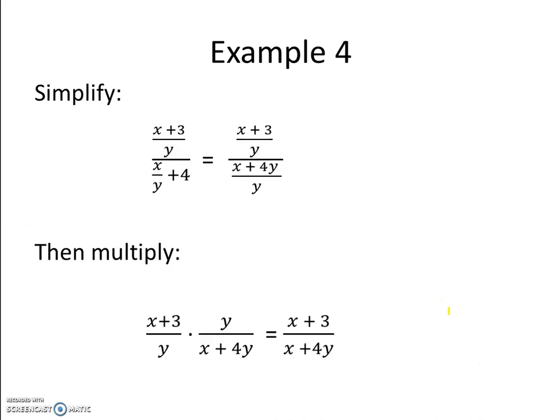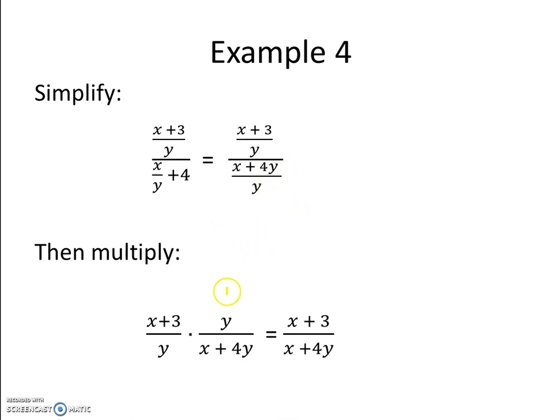On example 4, we have x plus 3 divided by y, over x plus y plus 4. Putting them over the same denominator, in the denominator of the original fraction, we have to change the 4 to 4y in order to put it over y.